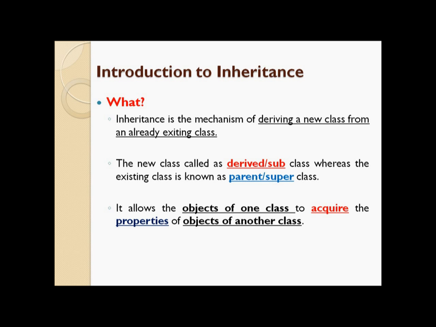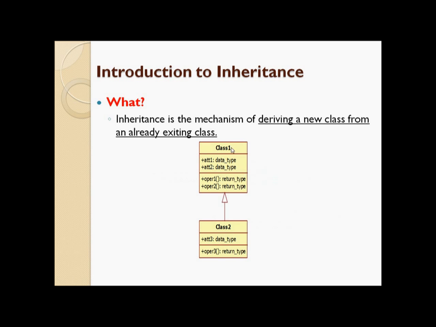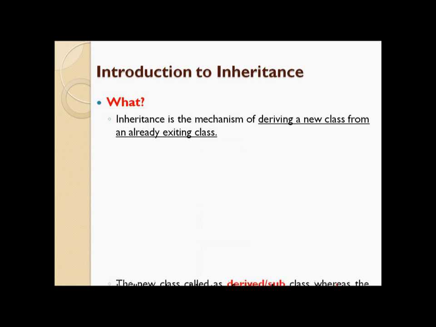So the class which we are deriving, that is the new class where we are using the property of existing class, can be called derived class or subclass, whereas the already existing class can be called parent class or superclass. So here this class can be called superclass or parent class, and class 2 can be called derived class or child class.